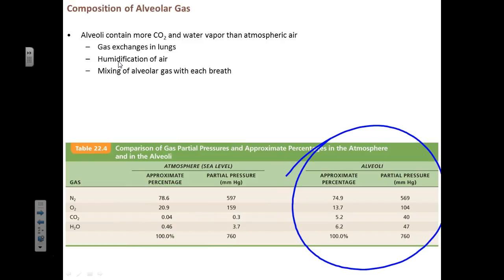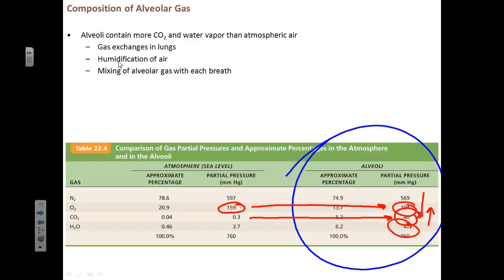One of them is that partial pressure of oxygen in the alveoli is lower than in the atmosphere. Partial pressure of carbon dioxide is higher, and partial pressure of vapors is higher. Which means that the air in the alveoli contains more carbon dioxide, more water vapors, and less oxygen.